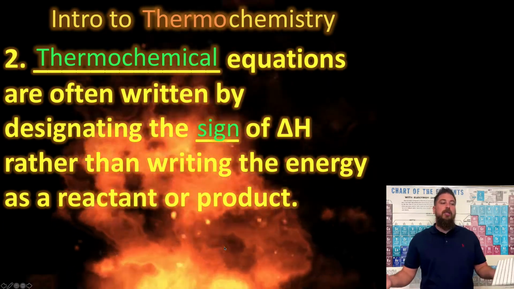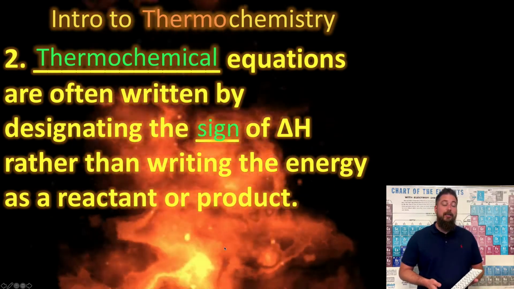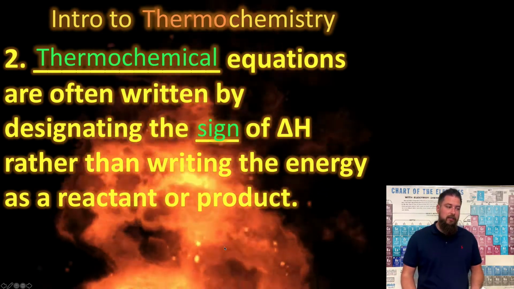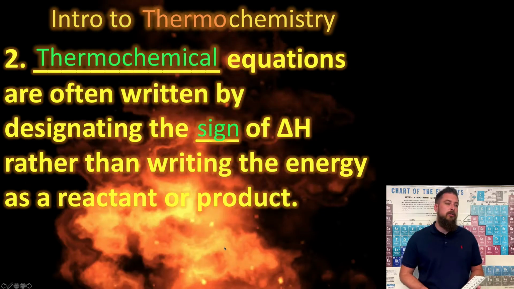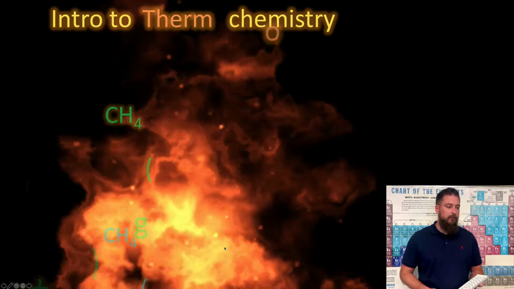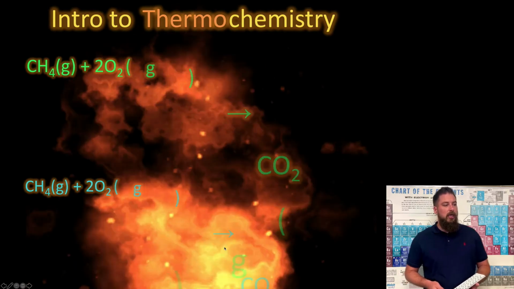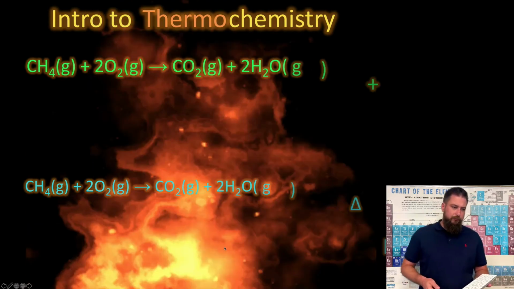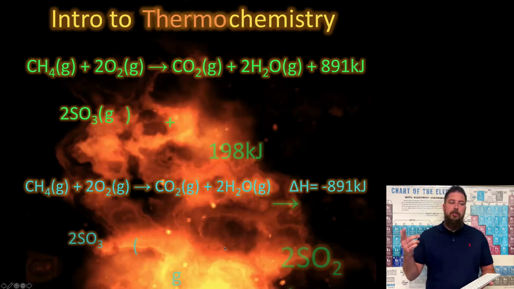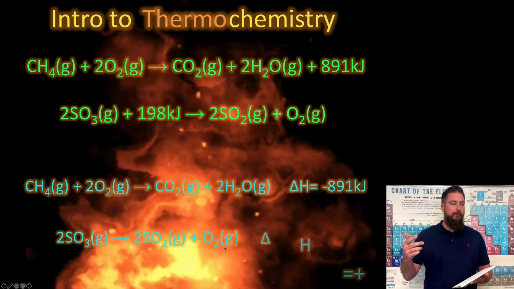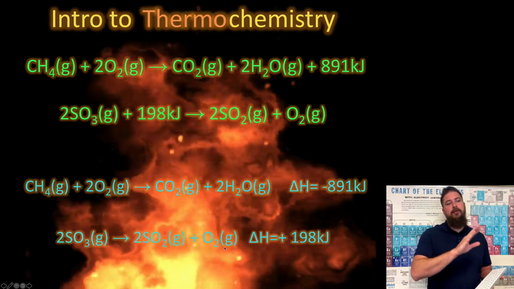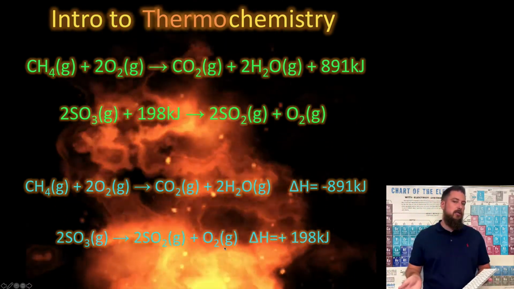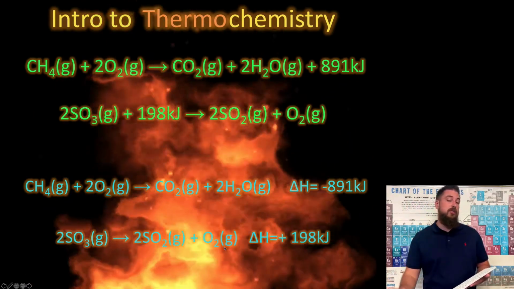Now, thermochemical equations are often written by putting a sign in front of it rather than writing it as a reactant or a product. Here's an example of what I'm talking about. If you take a look at the first equation at the top, you'll see that the delta H, the energy change, is in the product.